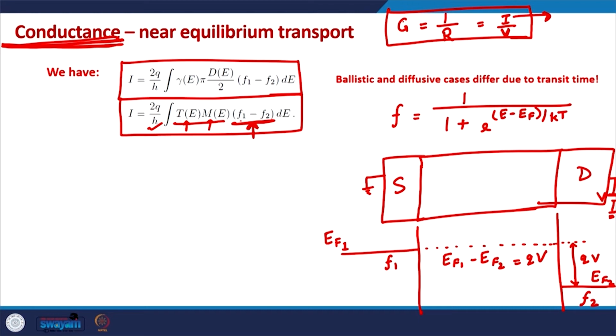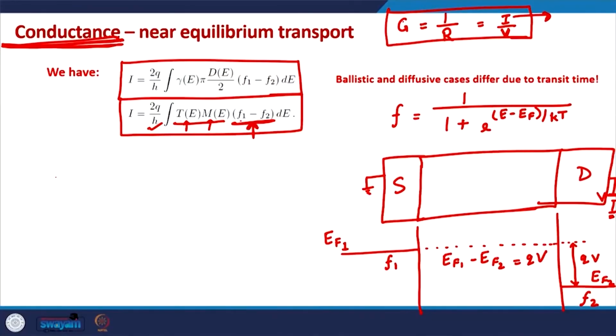Now, this Fermi function is also a function of Fermi level, and while going from the source contact to the drain contact, what is changing is the Fermi level. So, in order to find out this difference, we will take help of Taylor series expression.